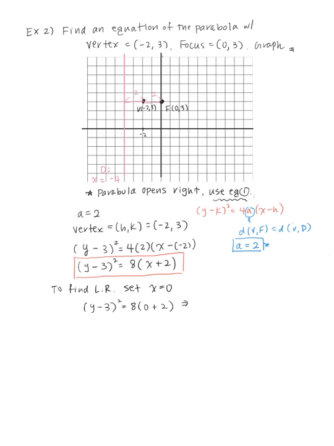That implies y minus 3 squared equals 16. So y minus 3 equals plus or minus the square root of 16, which is plus or minus 4. So either y equals 4 plus 3 or y equals negative 4 plus 3. In this case, we're going to have 7 and negative 1. So therefore, our latus rectum points are 0, 7 and 0, negative 1.